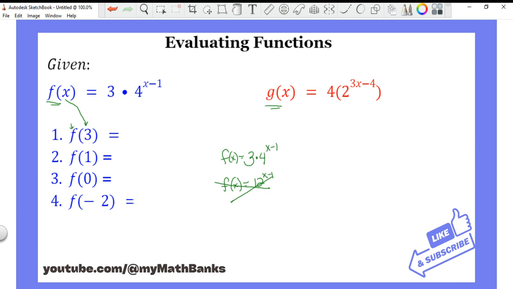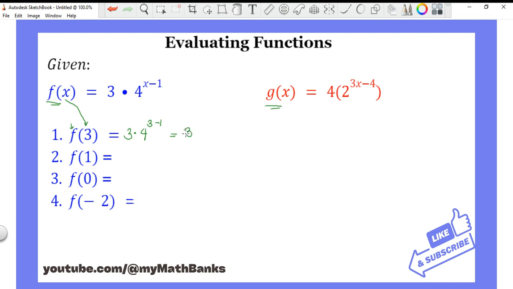Okay, so let's try number 1 so we can get on with our examples. For number 1, you have f of 3, so that means 3 times 4, and the x will be replaced with 3, so 3 minus 1. Next, you do not get to multiply 3 and 4.